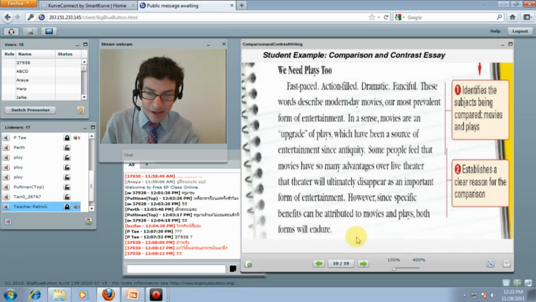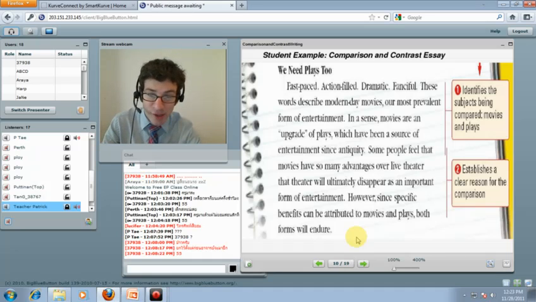Antiquity means a really long time ago. Some people feel that movies have so many advantages over live theater that theater will ultimately disappear as an important form of entertainment. However, since specific benefits can be attributed to movies and plays, both forms will endure. Okay, so that is our first paragraph.